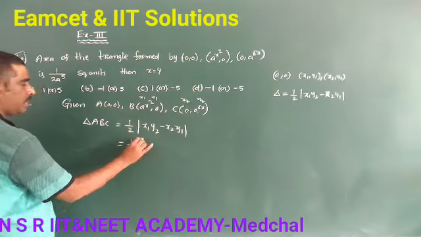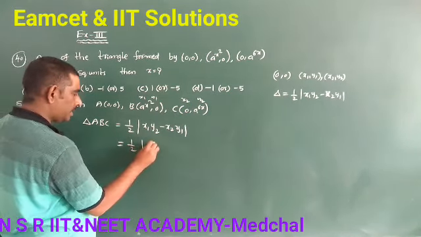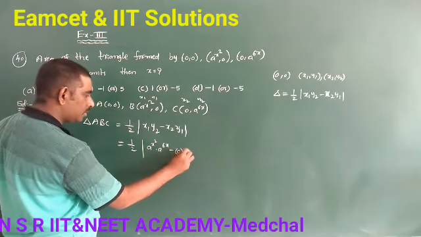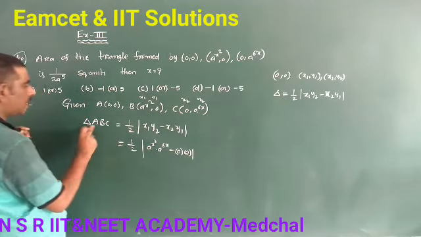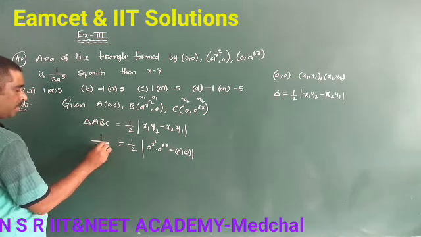Substitute the values: x1 is a to the power x square, y2 is a to the power 6x, minus x2 which is 0 and y1 which is also 0. The area of triangle ABC is already given, that is 1 by 2 into a to the power 5.